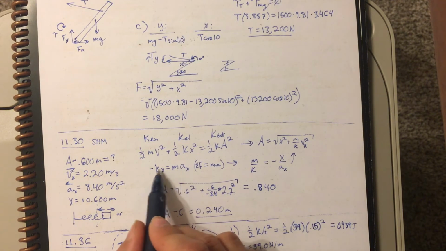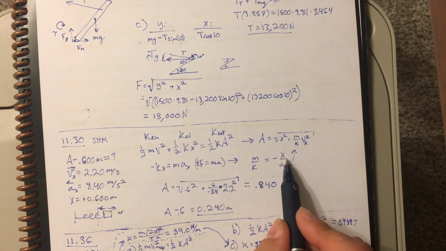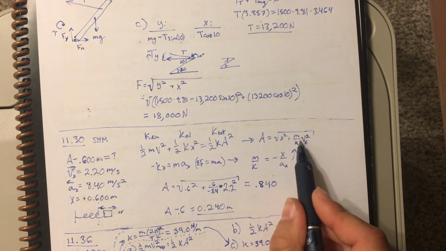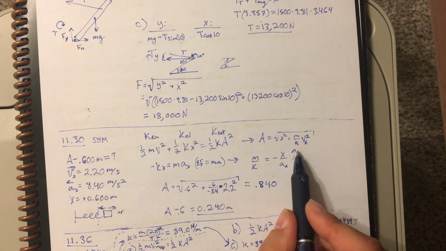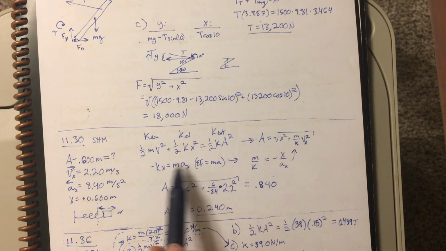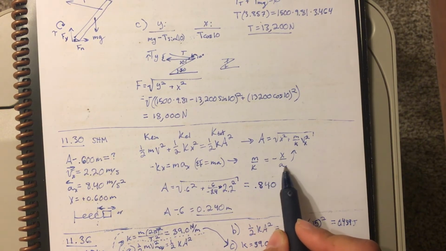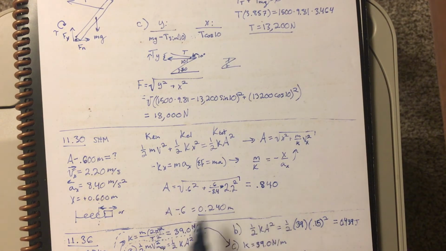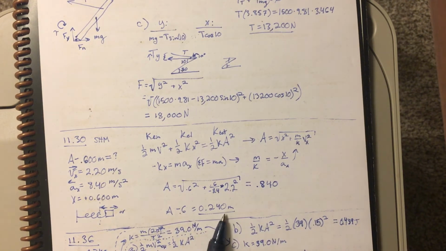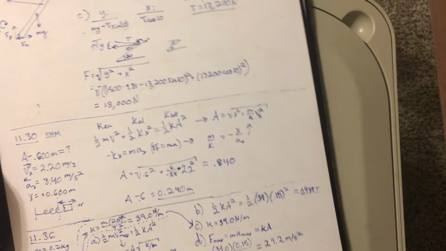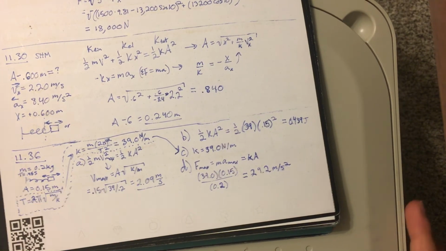Then you rearrange this to get m over k equals negative x over a_x, and then substitute that in here, because we don't have m or k, so we use this to not need it, and put this in its place. Then we have all of the components calculated out, and you have to remember to subtract 0.6 from that, and so this is your answer. Let me know if you have any questions on that, as always.